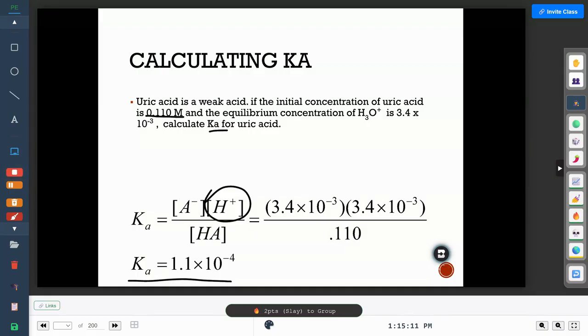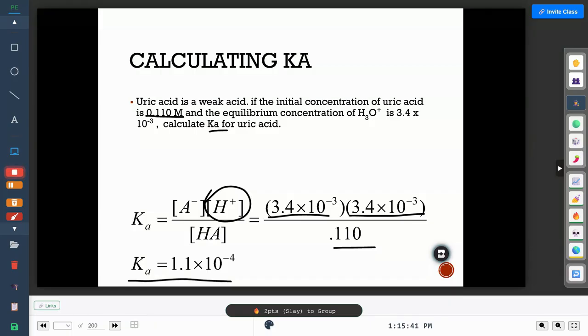And so we are being given the 0.110 molar as part of our reactants, right? That's the weak acid that we're starting with. And then it goes through and dissociates. And you'll notice that we have a 3.4 times 10 to the negative third for both of our bits there, right? And that is because that is our equilibrium concentration of H3O plus.